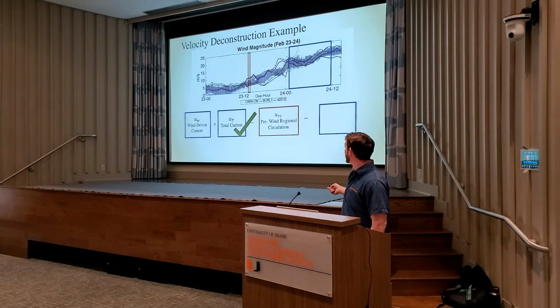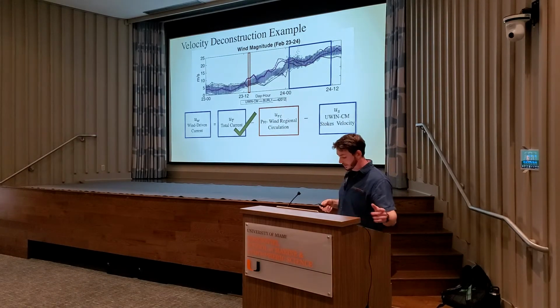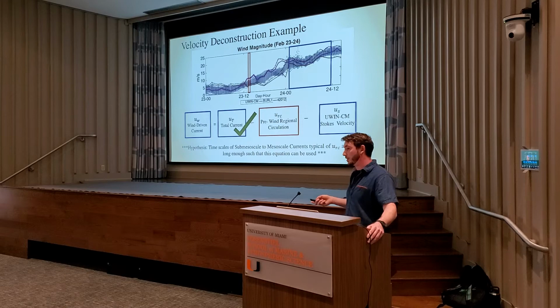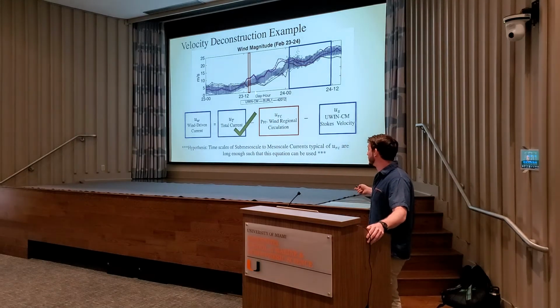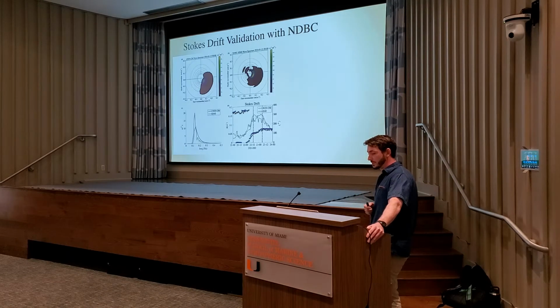So we need to get that before the winds increase. And then we're going to take the Stokes drift from the model as well and subtract it during our high wind analysis period. So what we're saying here is basically that we can observe the regional circulation here, and the timescales of this regional circulation are going to be long enough that they're not going to change much between here and our analysis window. And I'll show you how that works out.